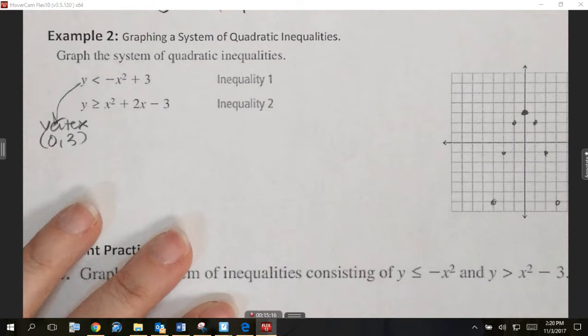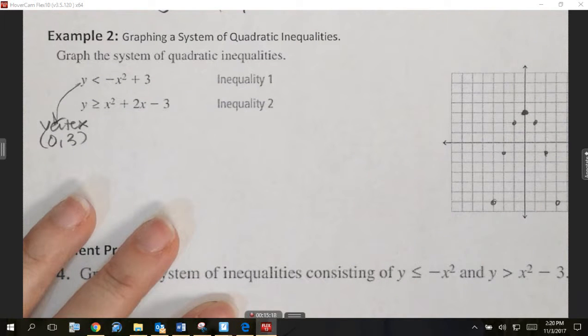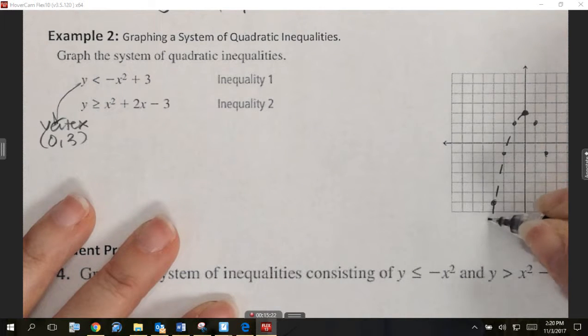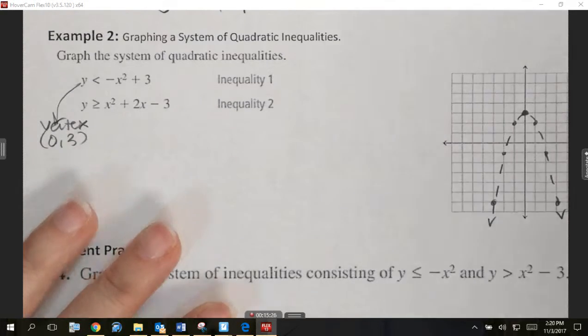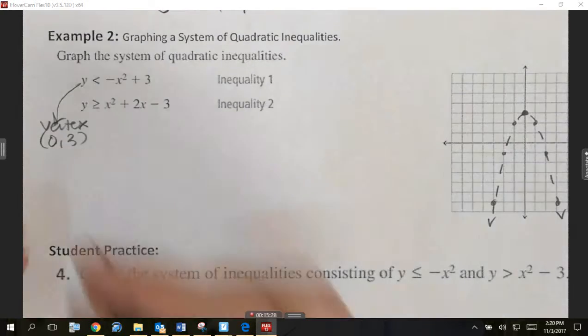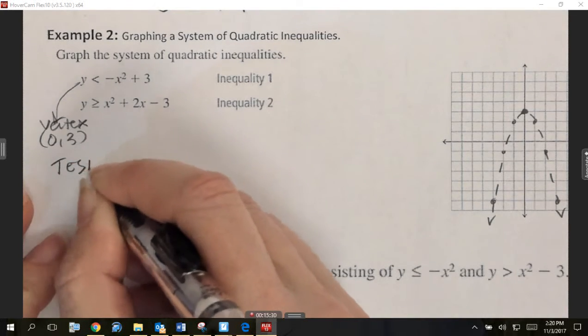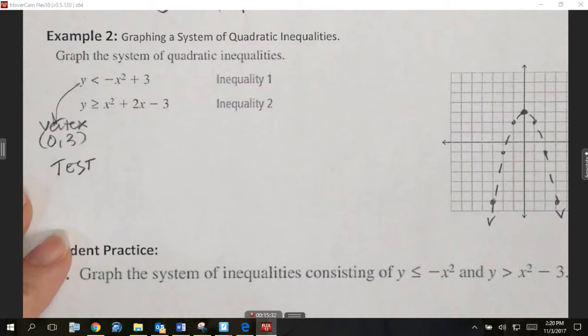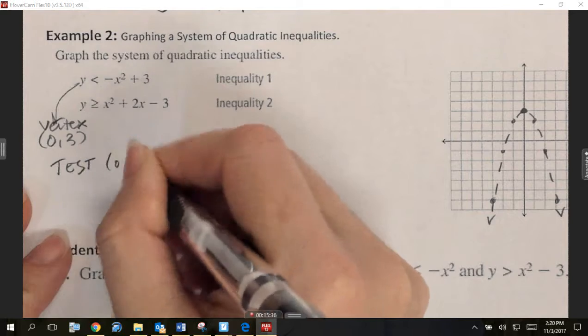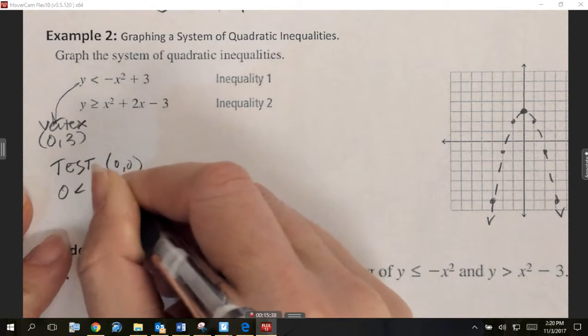Is this going to be dashed or solid? Dashed. What ordered pair could I test? Would 0, 0 work? Okay, let's try 0, 0. 0 less than negative 0 squared plus 3.